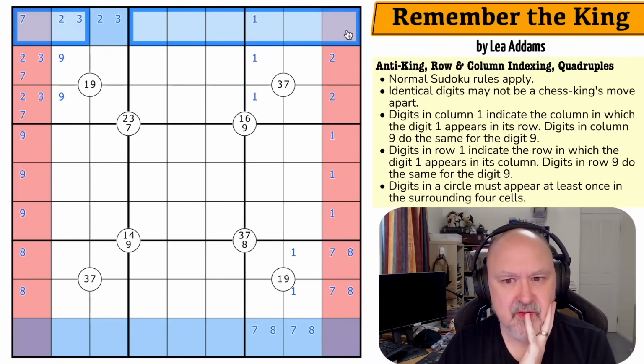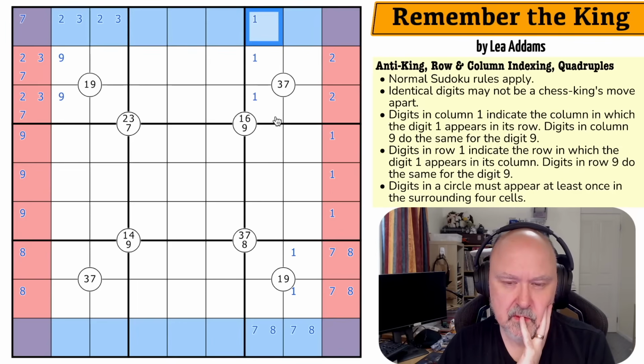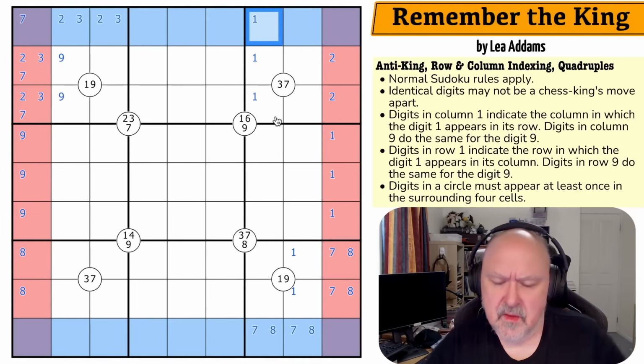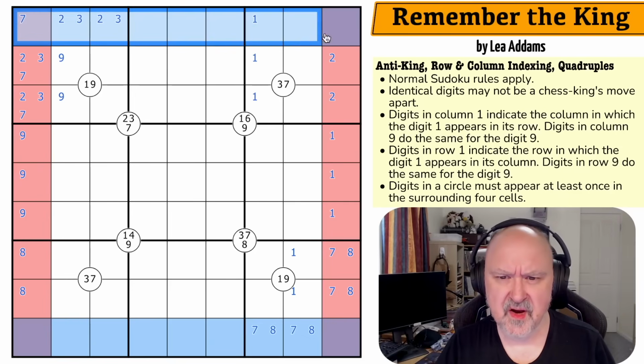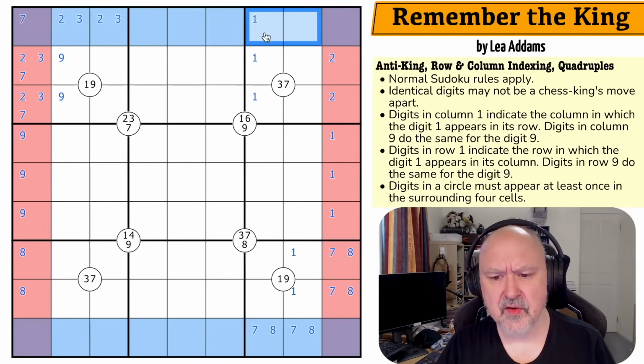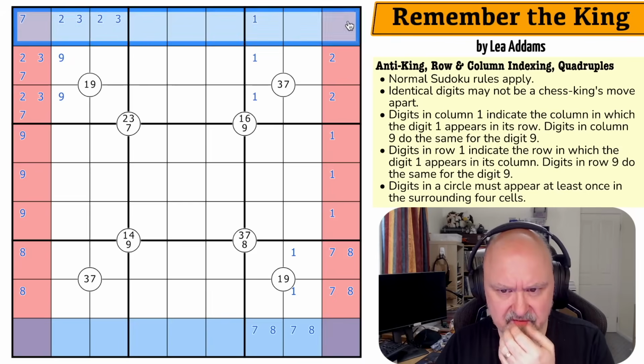Can I do the same in the rows? So I've got 2 and 3 in here. If this was a 1, so in 9 in this row, well, hang on, one of these has to be, I can visualize it here way more than I can visualize it here.